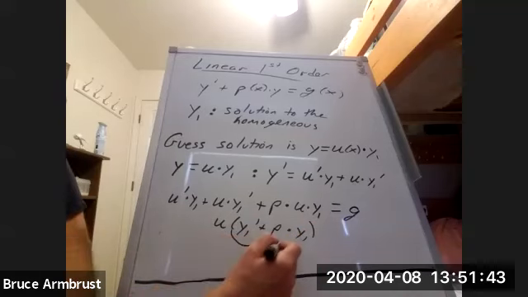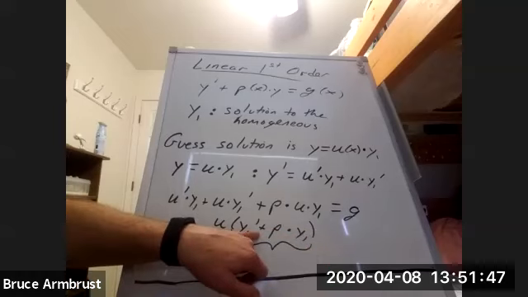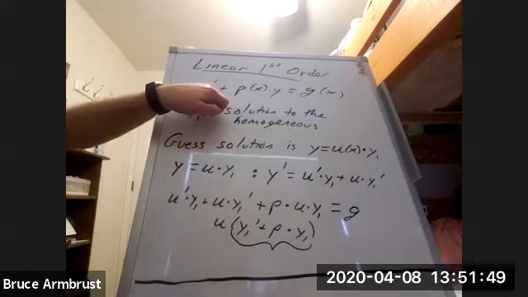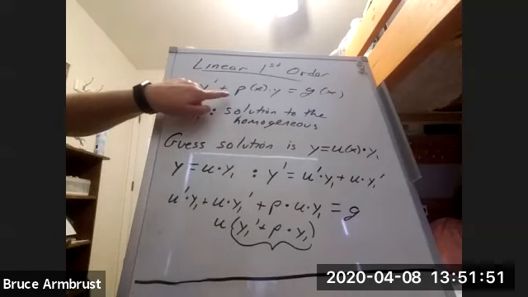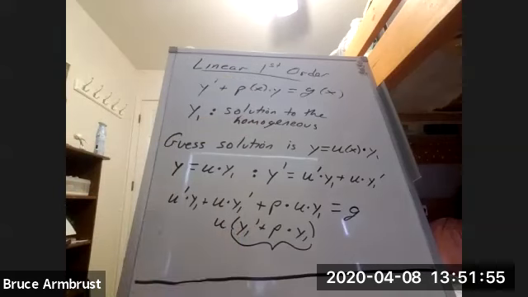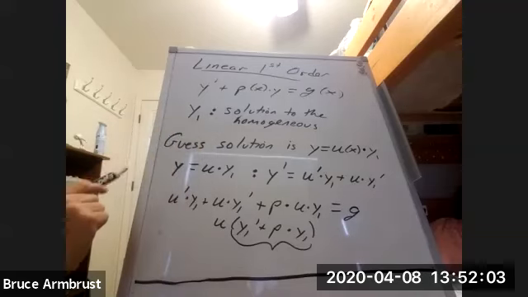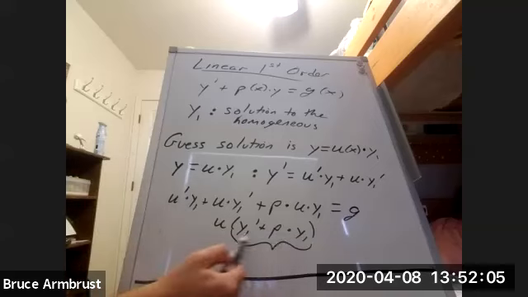And notice that that right there is actually the form of our differential equation, right? It's y prime plus p times y. It's y1. And you remember what we know about y1? You look right here, right? y1, it was the solution to the homogeneous. What happens to this when I plug in y1?